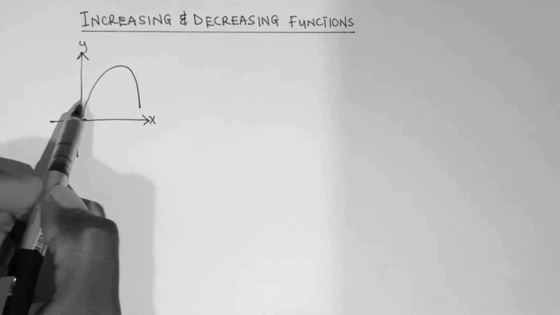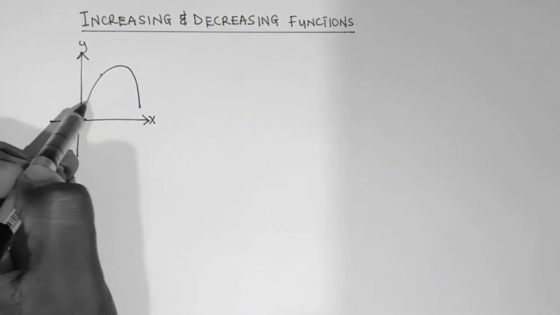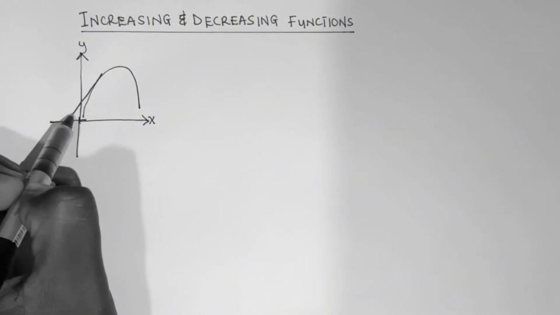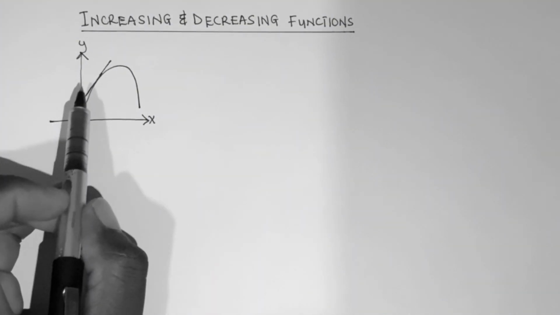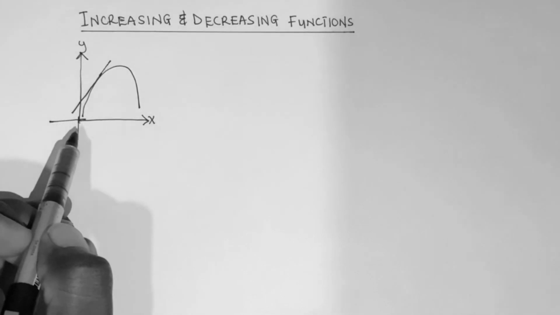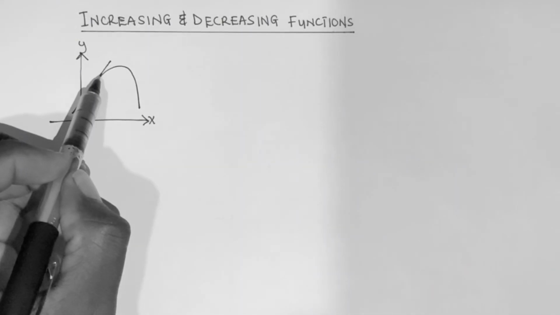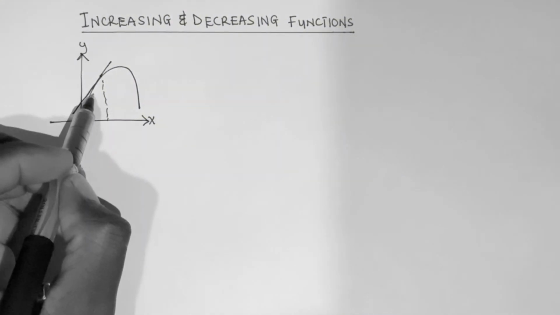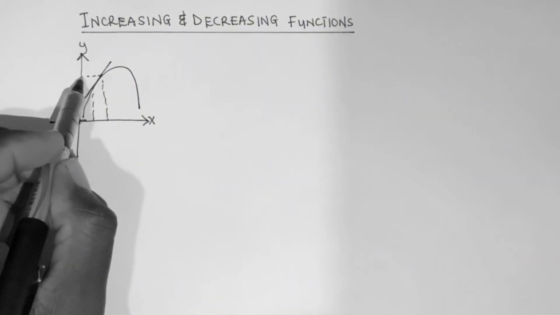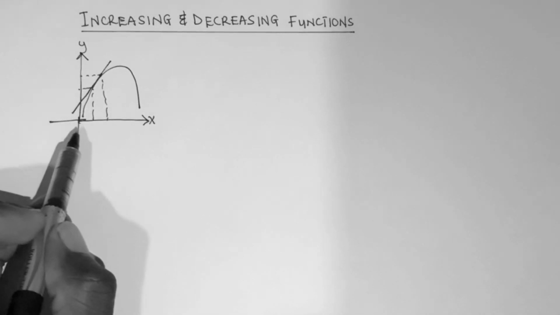Now you will see that at these sections of the graph, if we draw any tangent at this portion of the graph, that tangent will be greater than 0. So let's assume we trace this point down, and then we trace this one down here, and then we trace this one up here, and then this one up here.